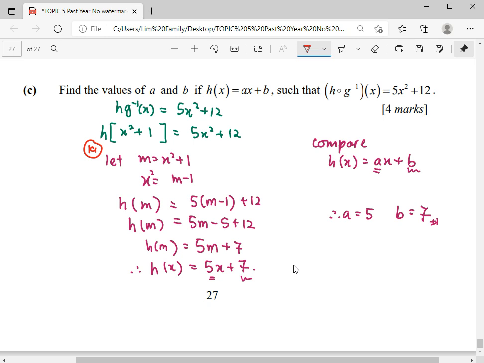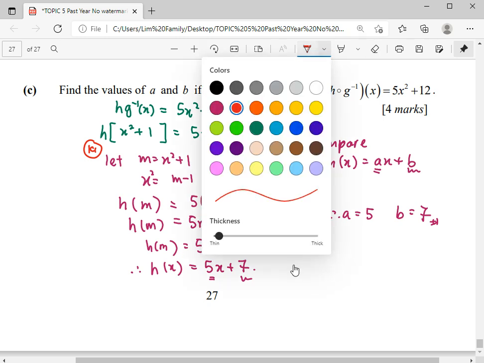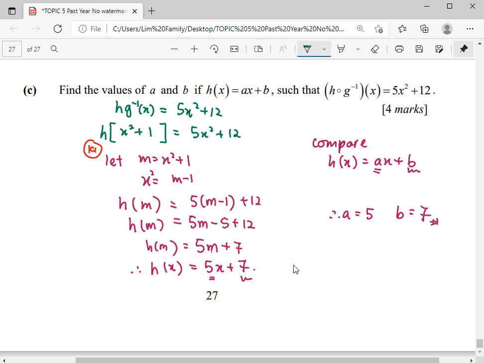Or if you don't want to use this method, I have another method to show you. If you don't want to let it become m, because you already have hx, I can substitute x squared plus 1 into the hx here.